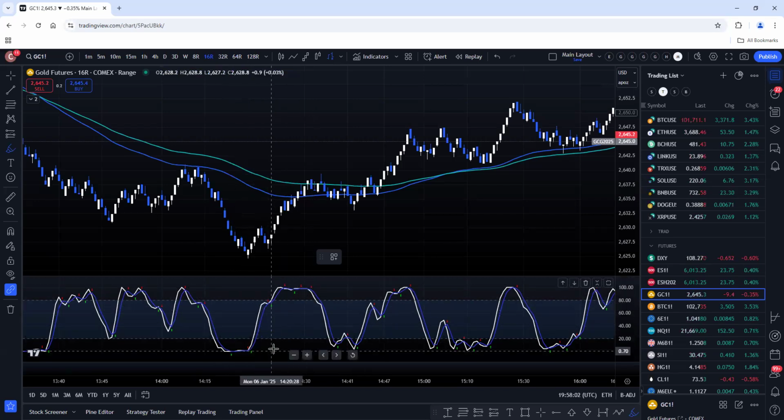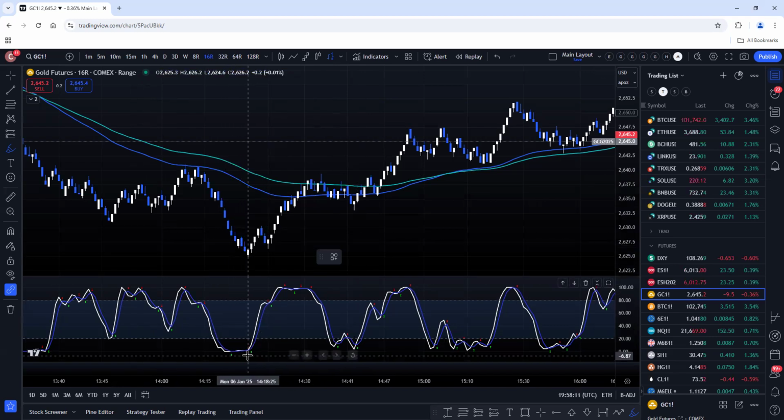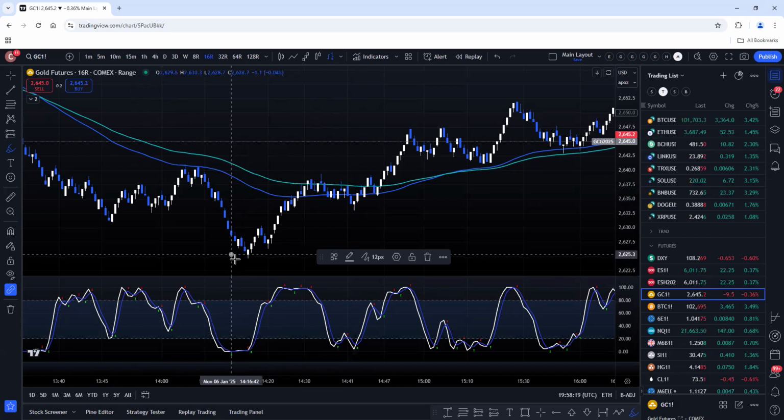Sometimes there are multiple crosses before we actually get the rotation playing out. Sometimes it's just one. In this case, we get the two positive crosses here, so our low will be from the first one to the second one. I'll draw that out, and this represents a market low.